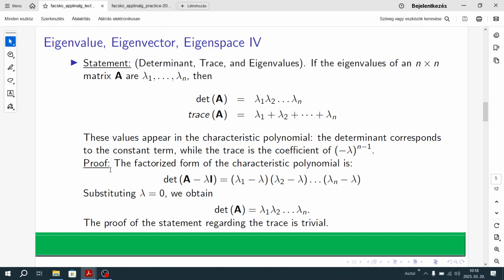There is something that we have never seen, that is the so-called trace. The trace is the sum of the elements of the main diagonal. And for all matrices, the trace is the sum of the eigenvalues.